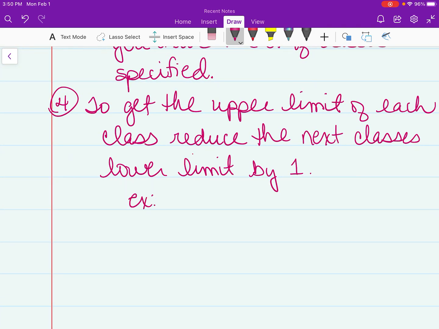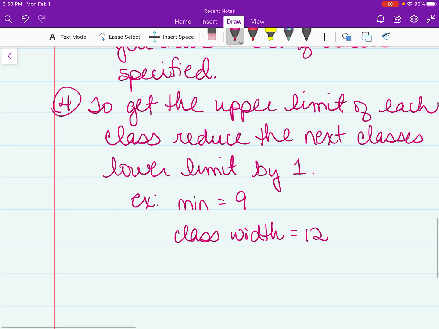For example, let's say my minimum value of a data set was 9 and my class width was 12 and I had 5 classes.